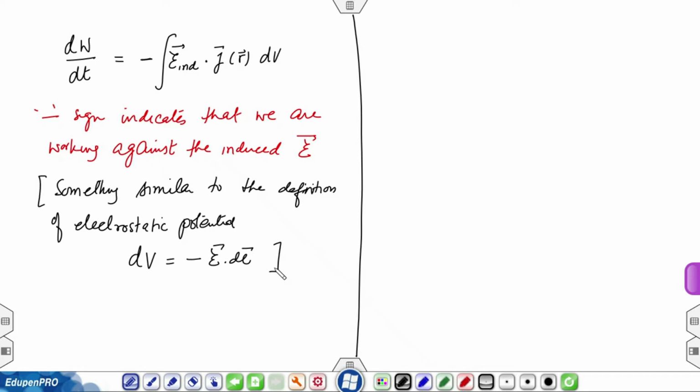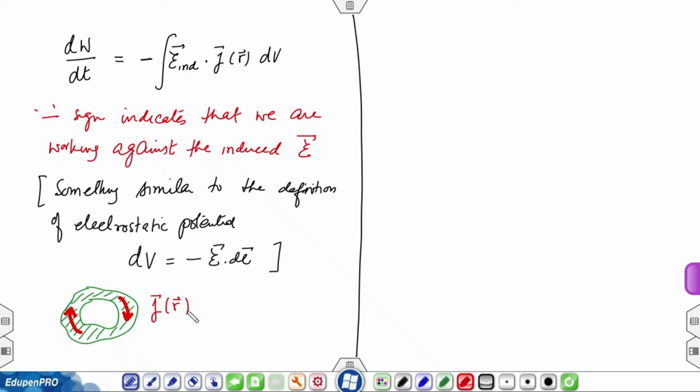So, now we are ready to calculate this. So, what we are doing is, let us also make some pictures. Here is some volume given by this lined region, and I am setting up a J in this, right. So, I am setting up a current J r in this.